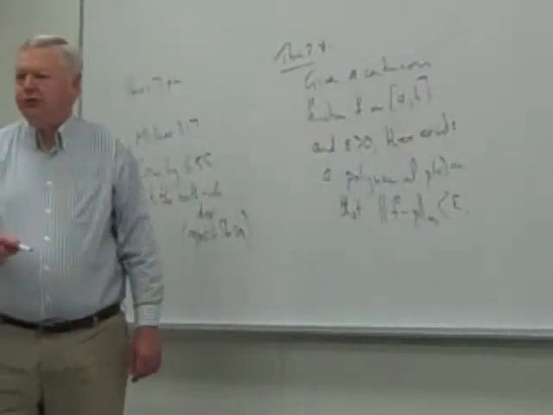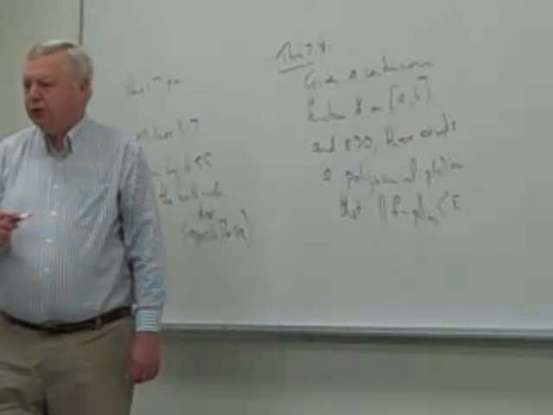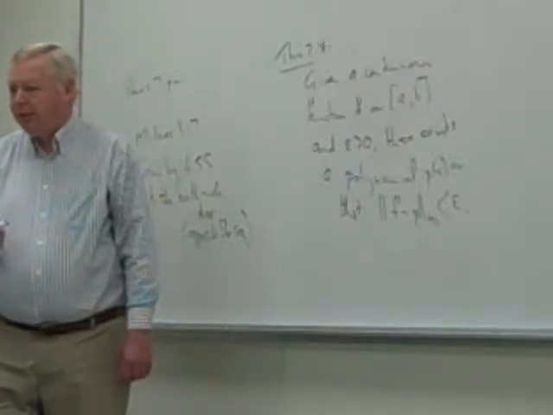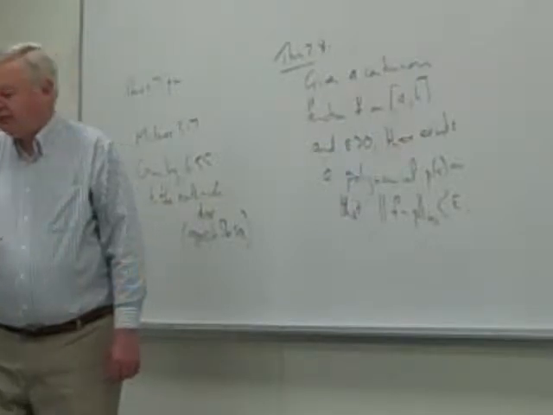So you can get as close as you like to a continuous function uniformly on the interval using polynomials. So this is the Weierstrass approximation theorem.